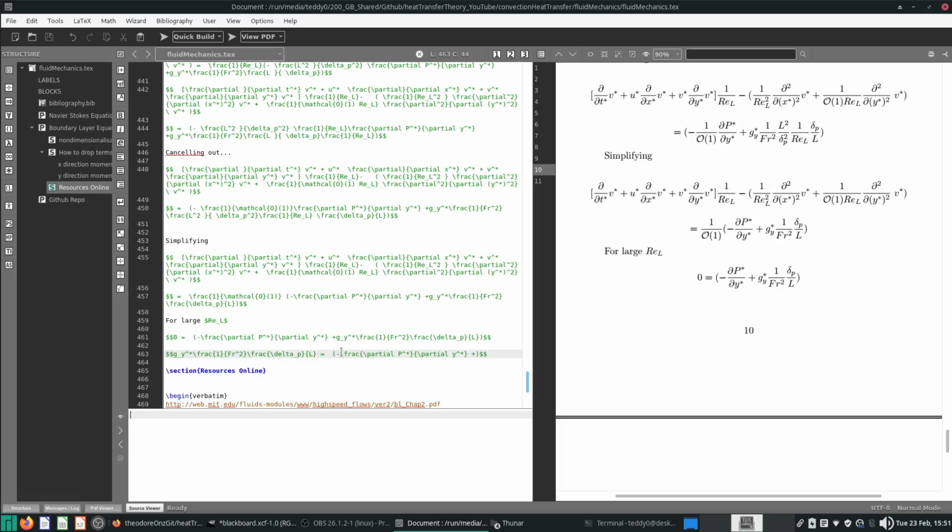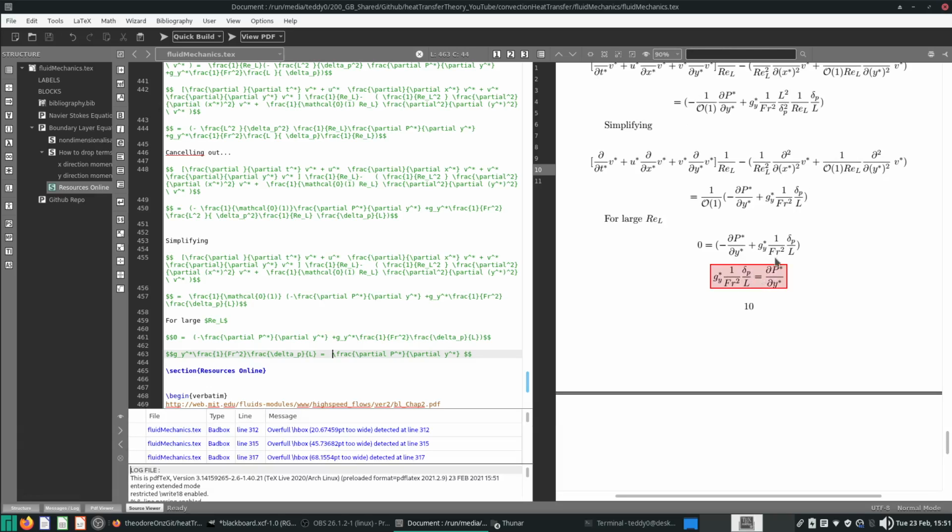Generally speaking, we don't cancel out terms unless they are small with respect to some other term. This term here is not being compared with anything. In fact, it's being compared with 0.